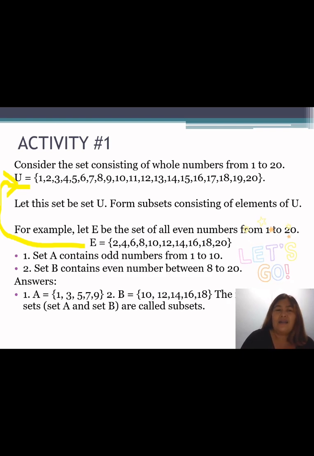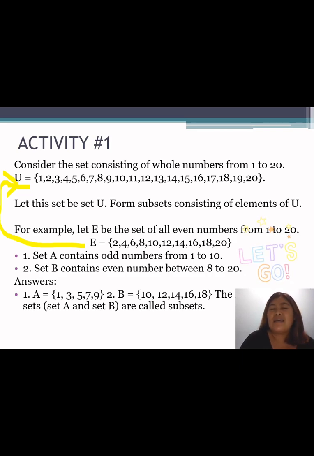Another example is set A, wherein it contains odd numbers from 1 to 10. Do you recall what odd numbers are? What is an example of odd numbers? 1, 3, 5, 7, and 9.